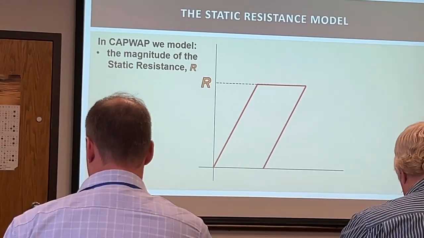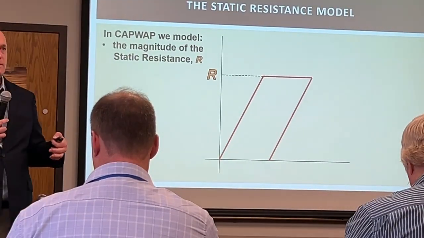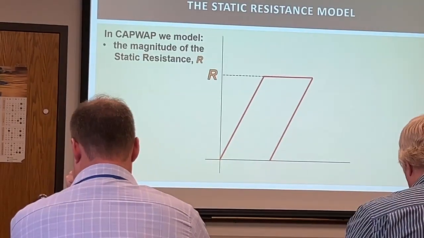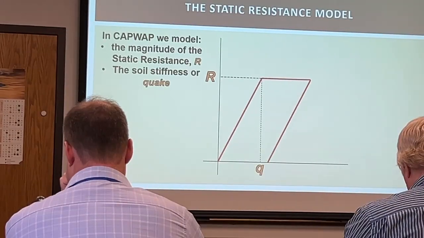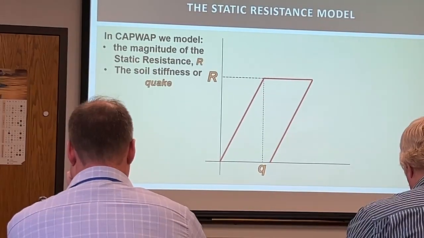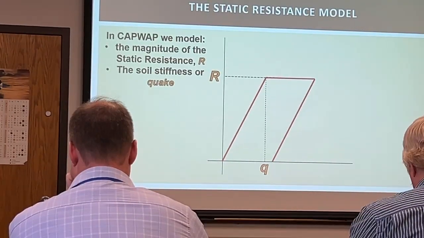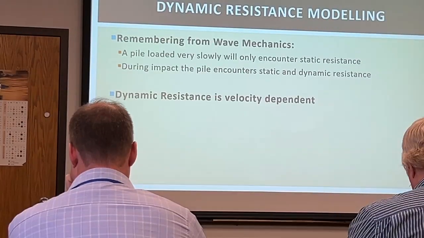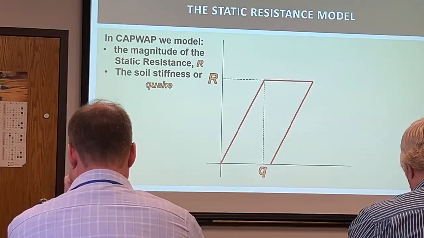Again, this is directly analogous to the geotechnical resistance that we're calculating from Nordlund or Tomlinson, or one of the static analysis methods. We have our quake, that defines our soil stiffness. Again, low quake, more like a rock. High quake, more like a clay or a peat. So that's the static resistance model.